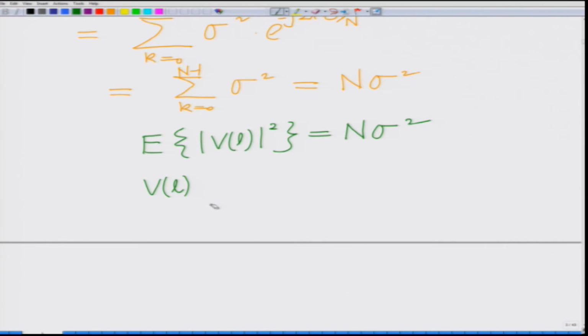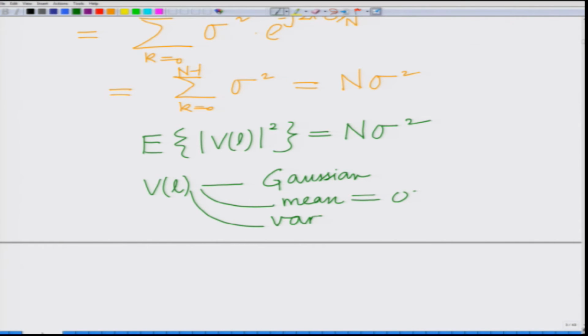So, let us simply write VL is Gaussian, mean equals 0, variance is equal to sigma square, correct.